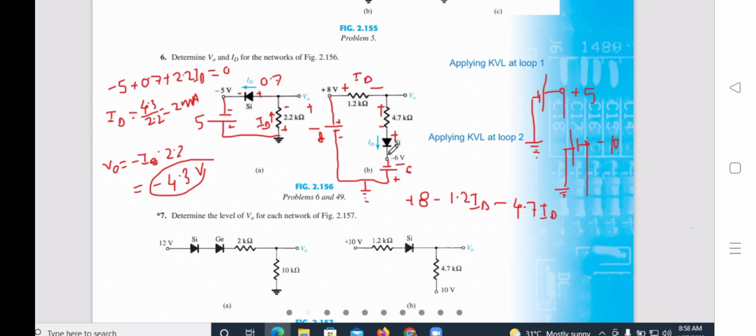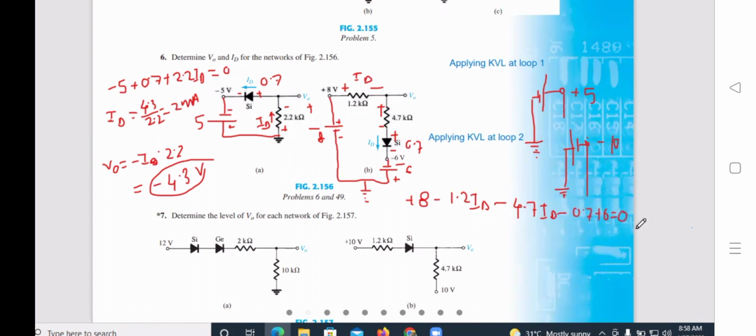This side plus, this side minus 0.7. So plus to minus, minus 0.7, minus to plus, plus 6 equals to 0. So this is the KVL equation.